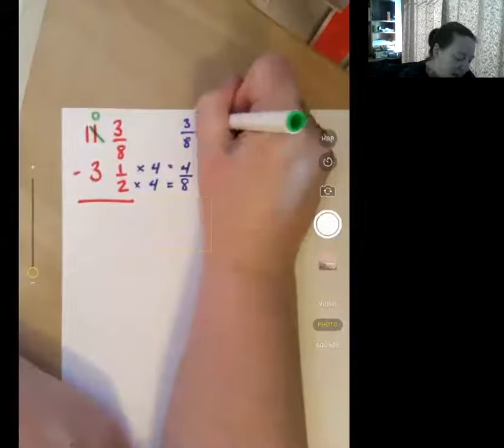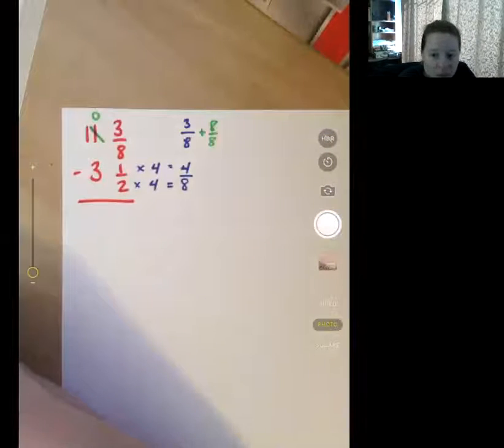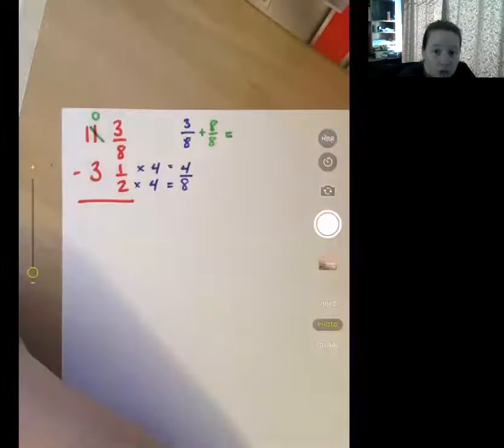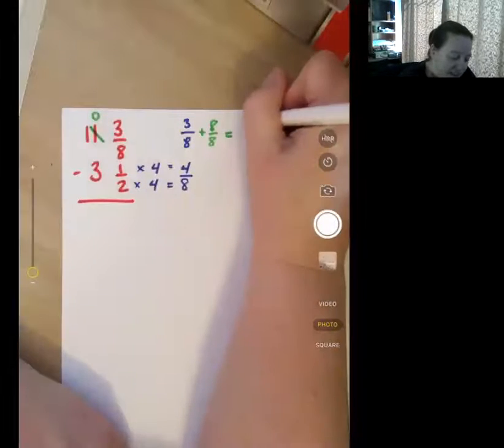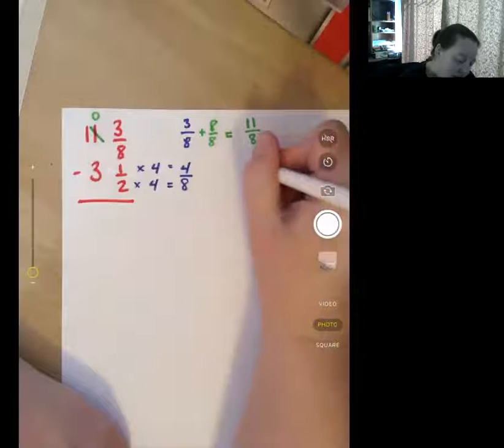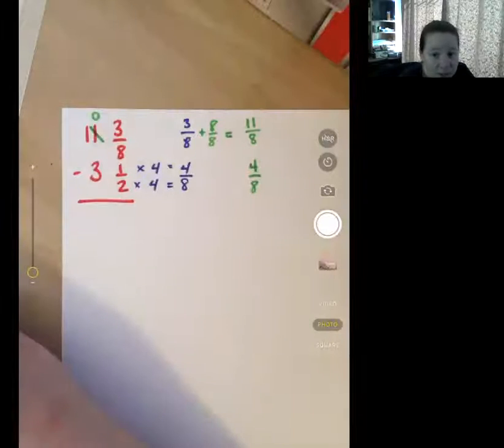And adding an 8 over 8 to that 3/8. So 3 plus 8 is 11/8 on the top, and then the 4/8 just stays on the bottom.